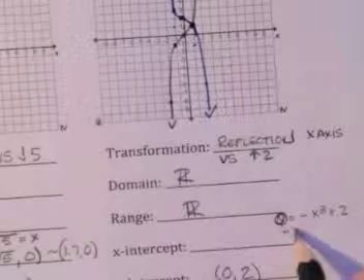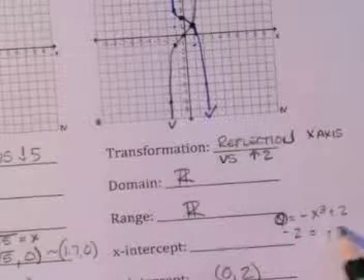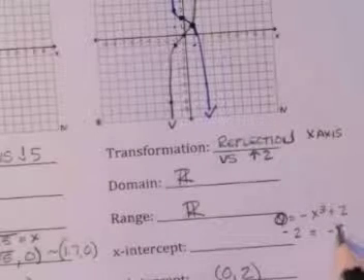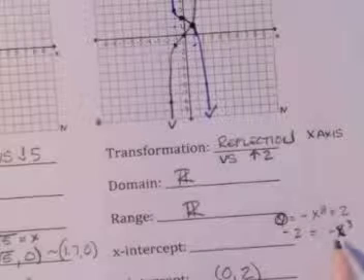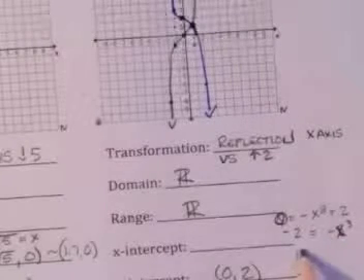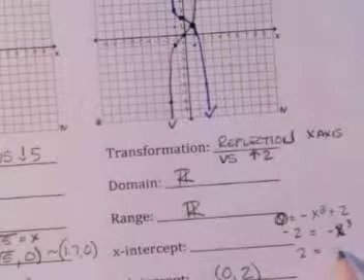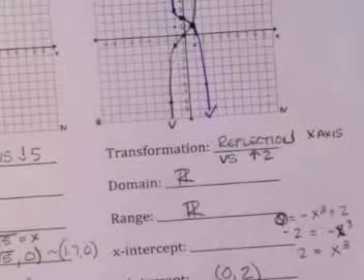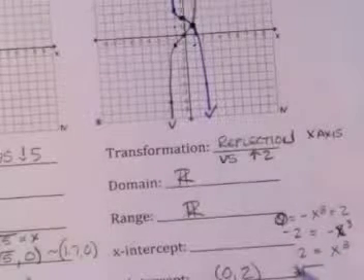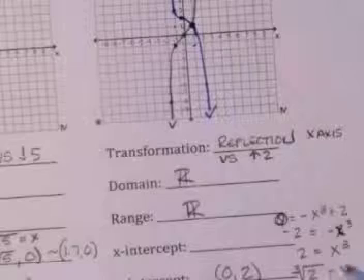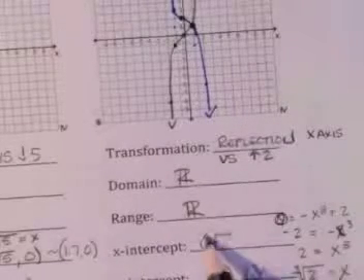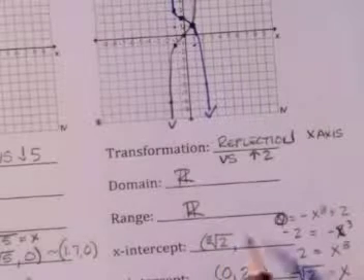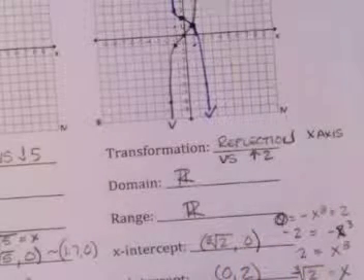So I'm going to subtract 2 from this equation, negative x to the third. Then I'm going to multiply both sides by negative 1. 2 is equal to x to the third. And then let's take the third root of 2, and that's what x is equal to. So my x-intercept is at the third root of 2, comma, 0.